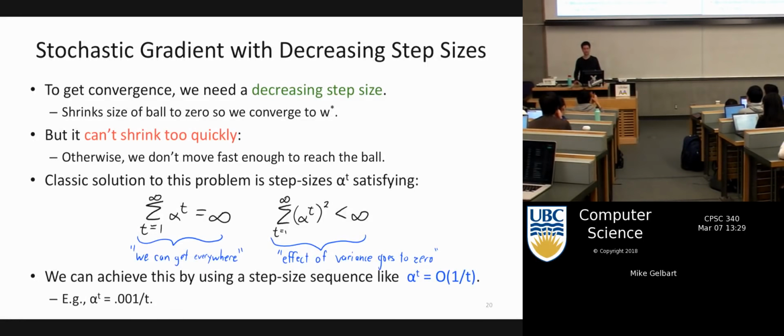I'm not too concerned with the details here. I don't even know that many of the details. But I'm concerned with you understanding why the step size needs to decrease and what would go wrong if you decreased it too quickly or too slowly.